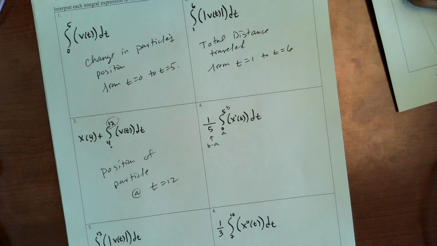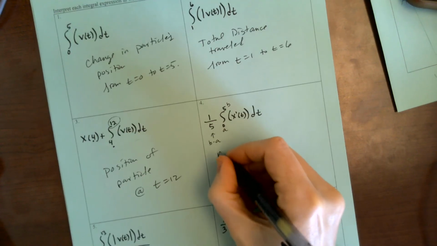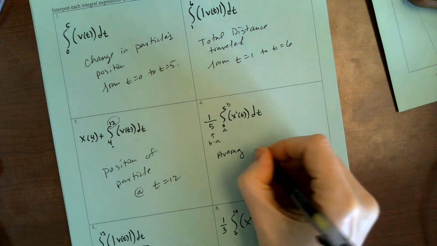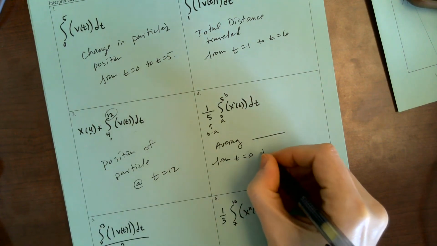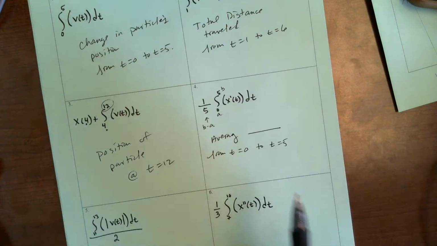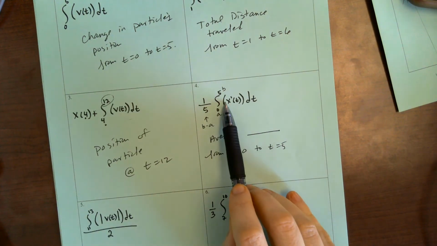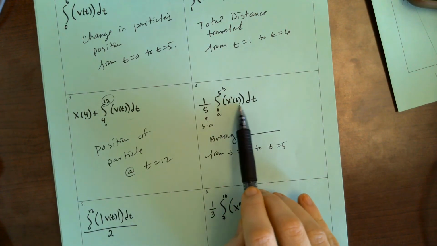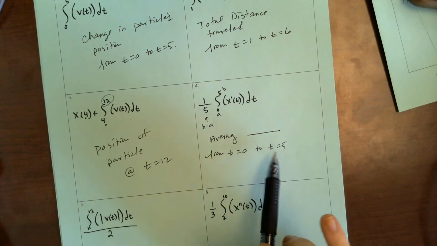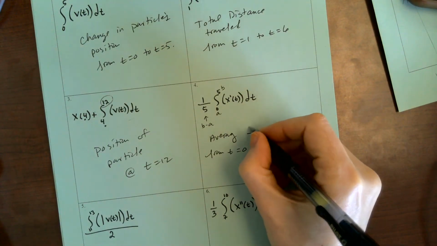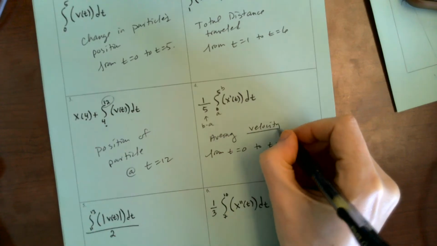Okay, so it's the average blank from t equals 0 to t equals 5. Guys, the answer to what goes in this blank is whatever is being represented as the input of the integral. What is x prime? So this is the average of x prime, but in this context, x prime is velocity.